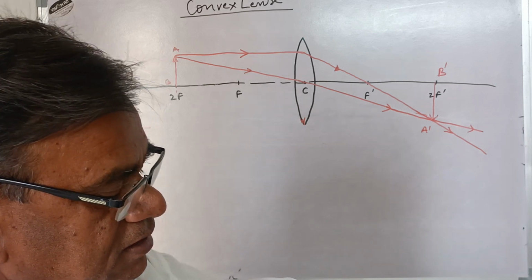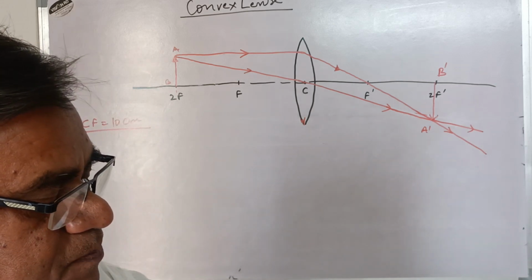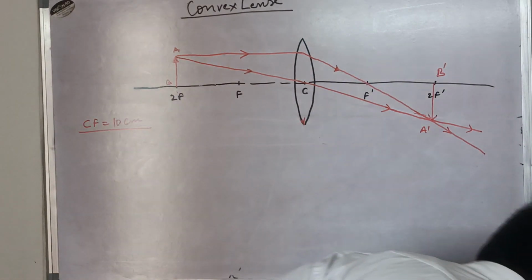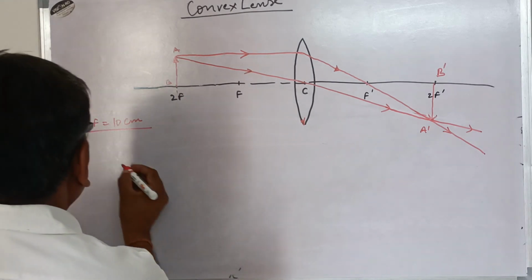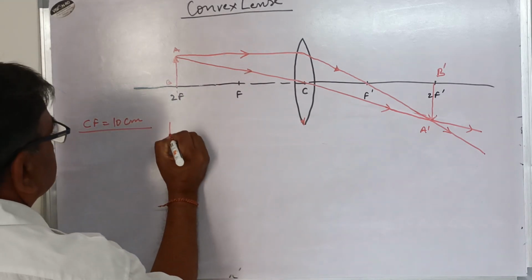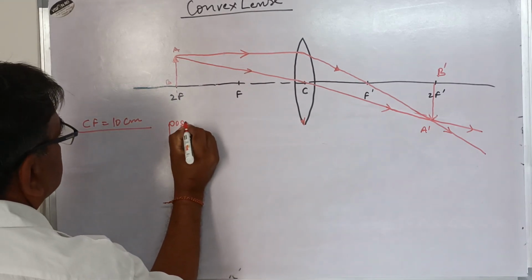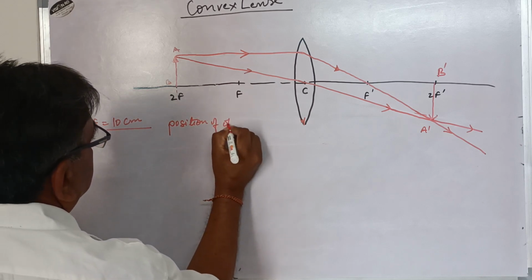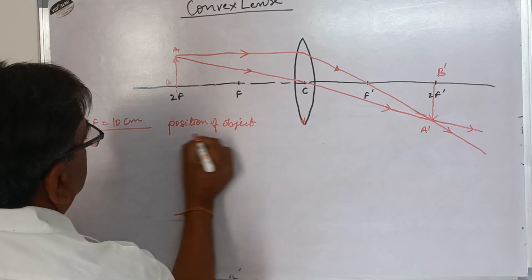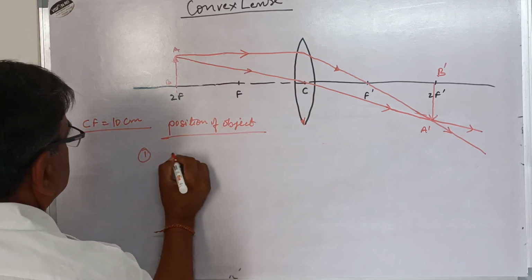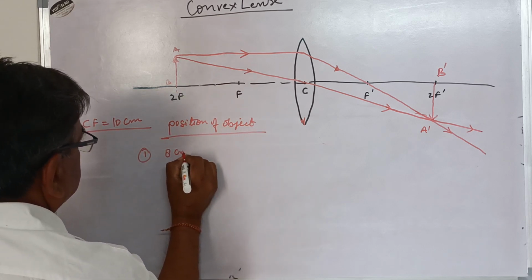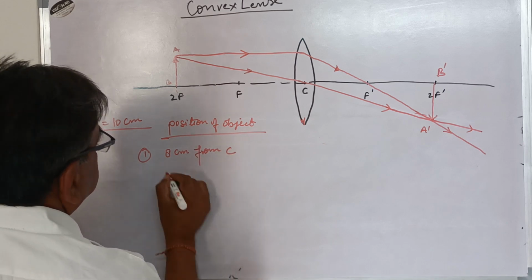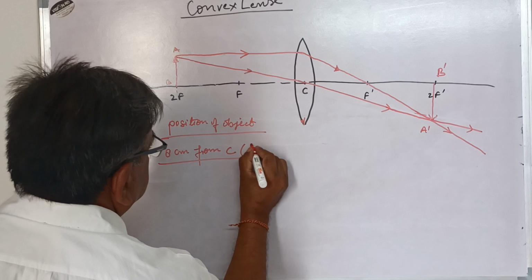Number 1. When the object is placed at 8 centimeter. Now, case 1. Position of object: 8 centimeter from the lens, from C.